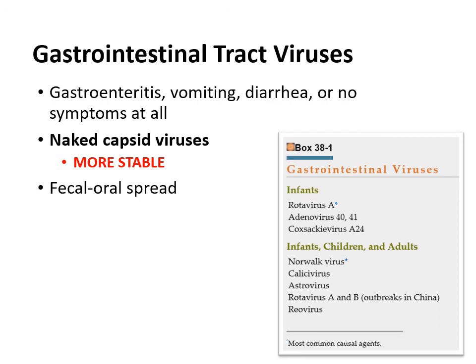If you picture enveloped viruses, that would mean they have an extra lipid layer, and that can easily be neutralized by various chemical or physical agents. And basically the host cells would also be able to target them better. So by being naked capsids, they're a little more stable.